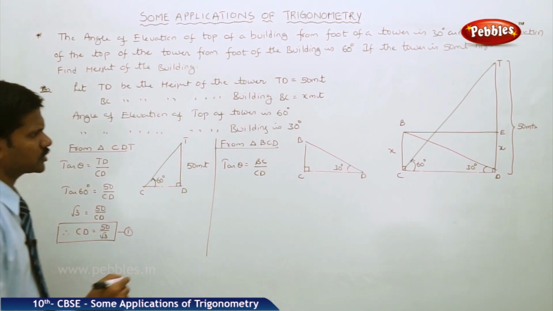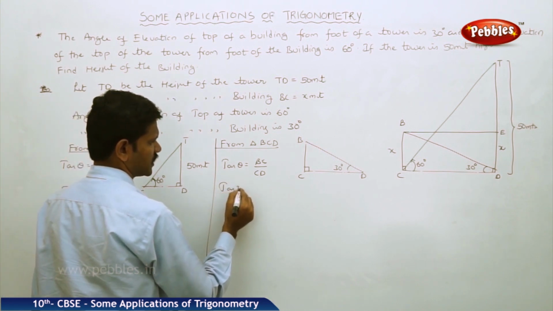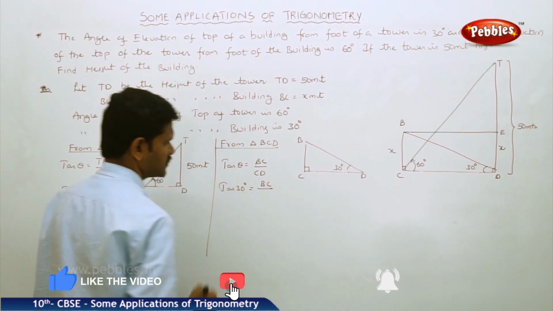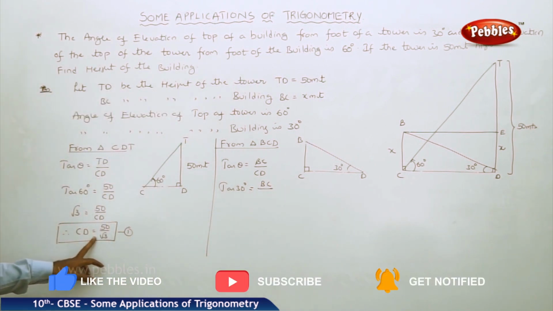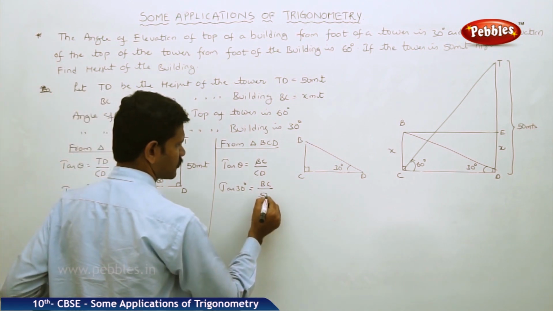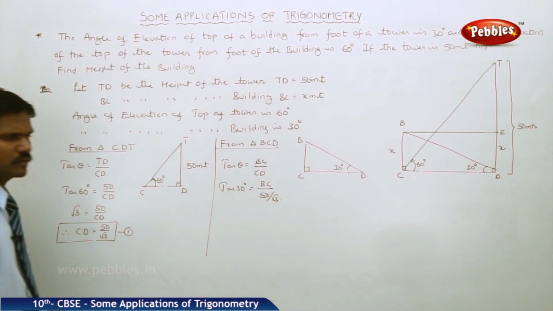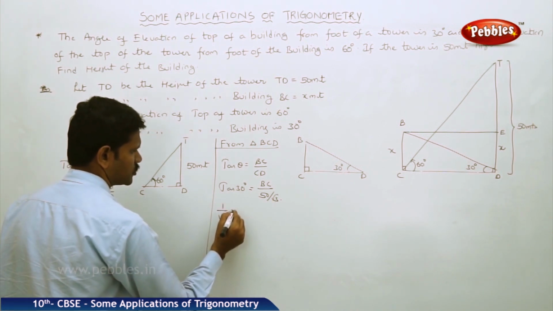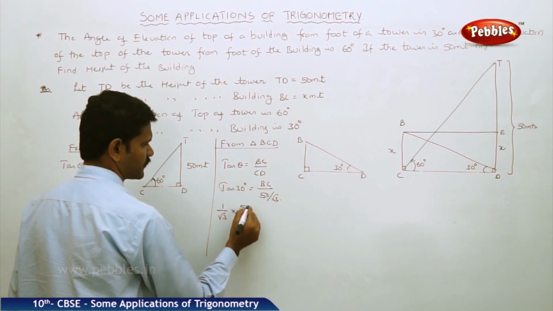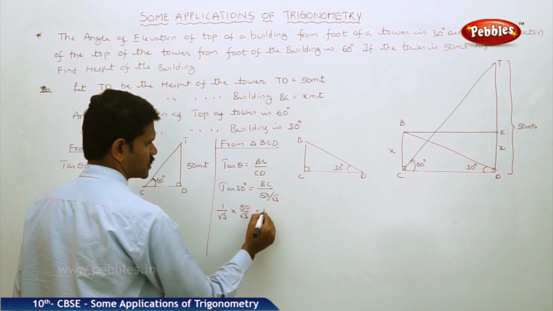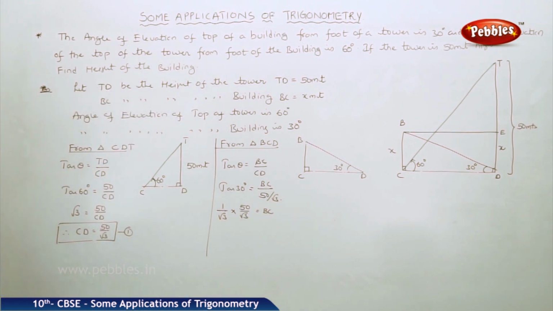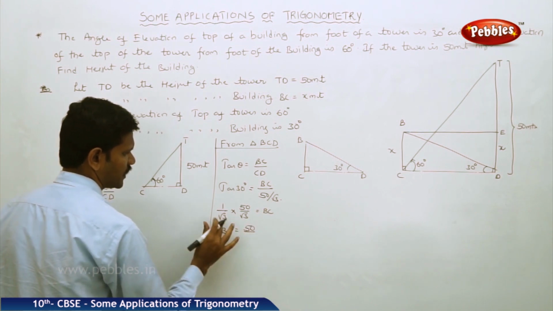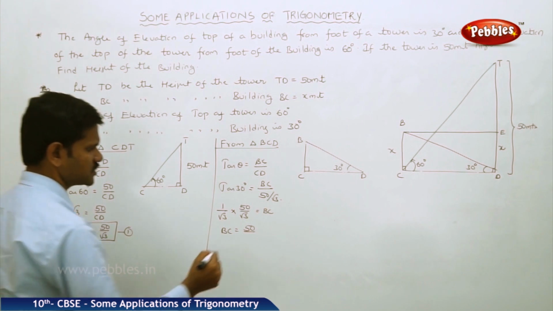Replacing theta with 30 degrees, tan 30 is equal to BC by CD, and we have the CD value here, that is 50 by root 3. Now tan 30 is equal to 1 by root 3. Cross multiplying, 50 by root 3 is equal to BC. That is, BC is equal to 50 by root 3 into root 3, that is 3.